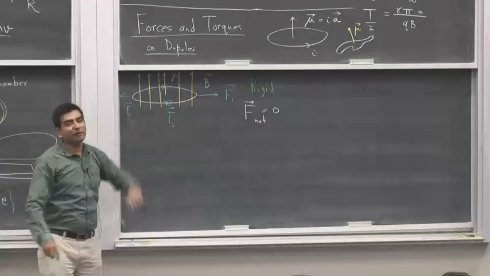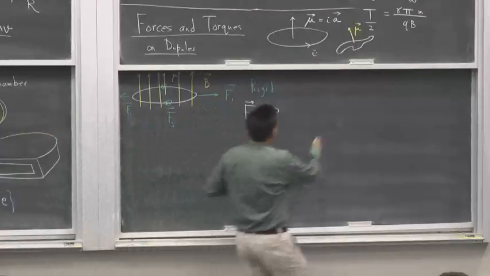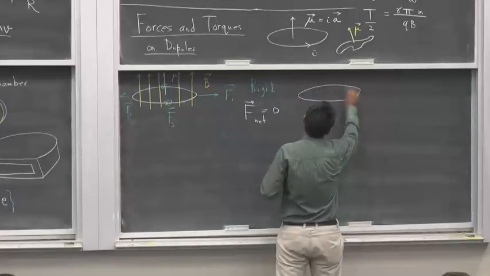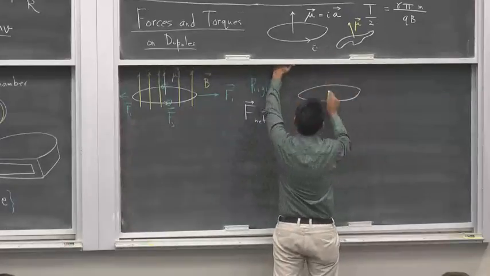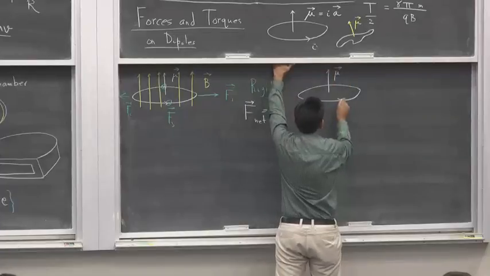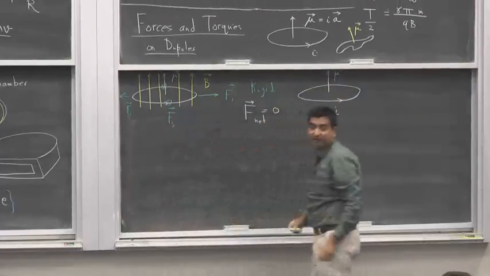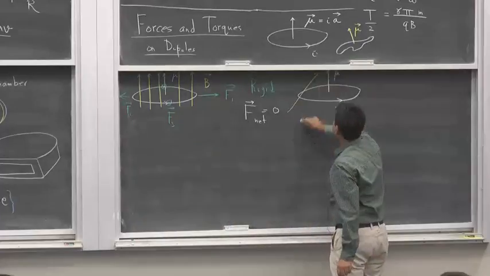But this is a uniform magnetic field. Okay? Now if I have this same current carrying loop, and this is my mu. Okay, which means that this is my current. Now still I have a uniform magnetic field, but that magnetic field is pointing like this.